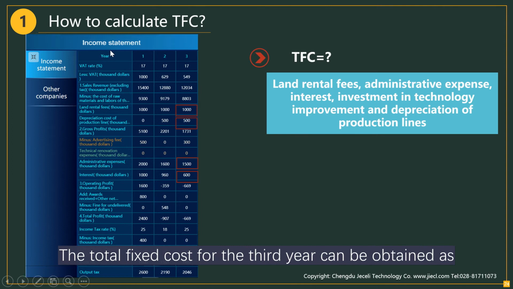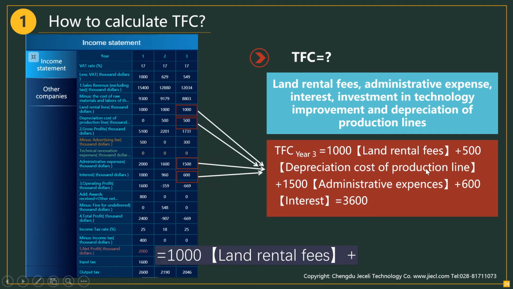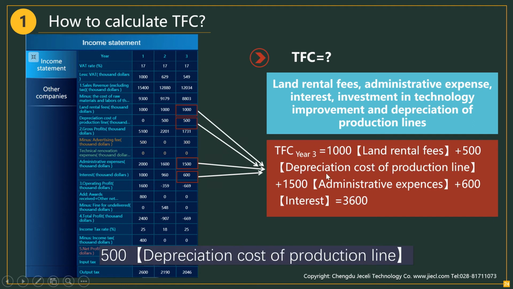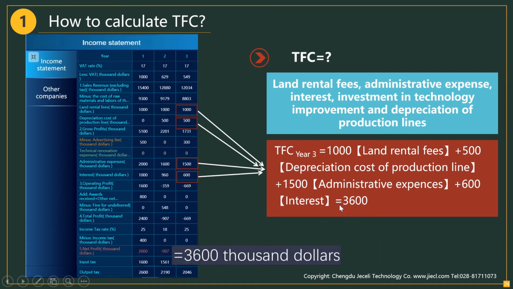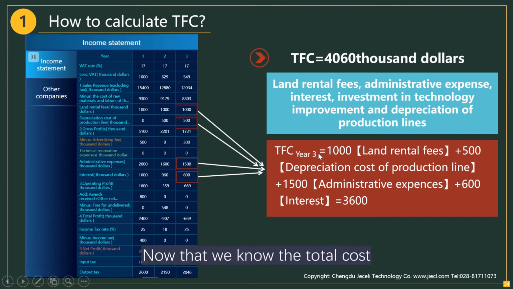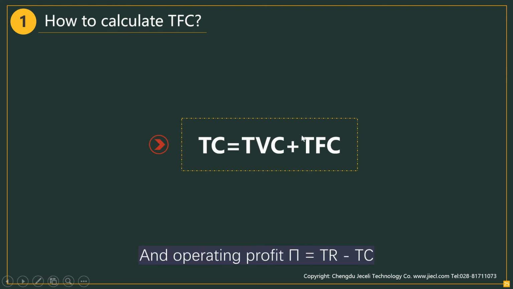The total fixed cost for the third year is equal to 1,000 land rental fees plus 500 depreciation cost of production line plus 1,500 administrative expenses plus 600 interest, which is equal to $3,600,000.